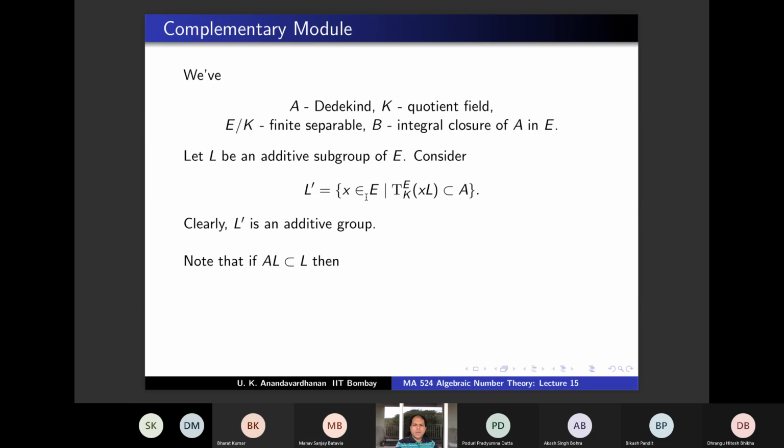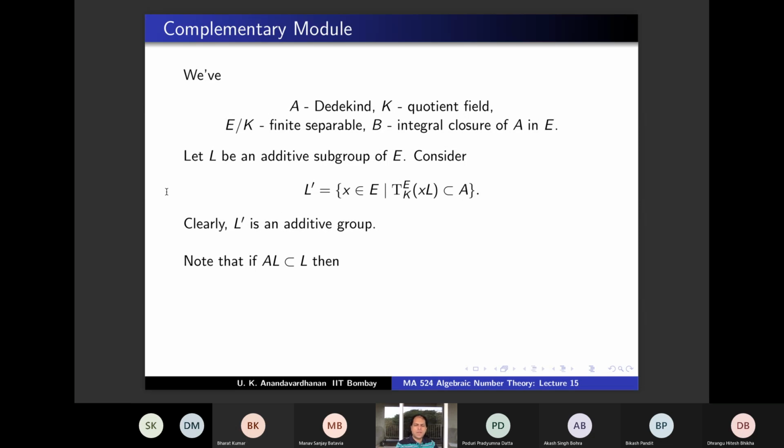For example, it depends on L, right? What if you take X belongs to L, then it will, right? Not clear, because even if X belongs to L, first of all, XL is contained in L or not, you don't know. Even if it is, trace of L contained in A or not, you don't know. Since L is defined very generally, there's nothing that we are concluding.